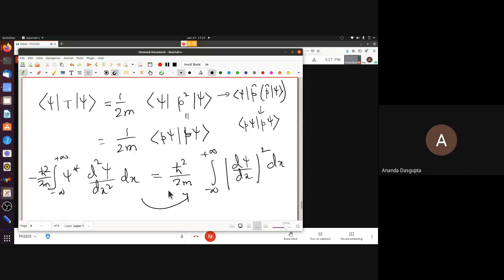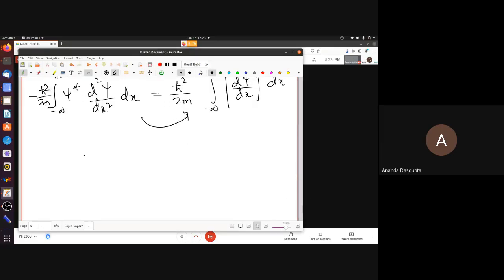But what is the connection between that statement and this one? Here this works because P is Hermitian, right? And here the integration by parts will give you this is the same as this, simply because the integrated out term, which is really psi star times d psi dx.